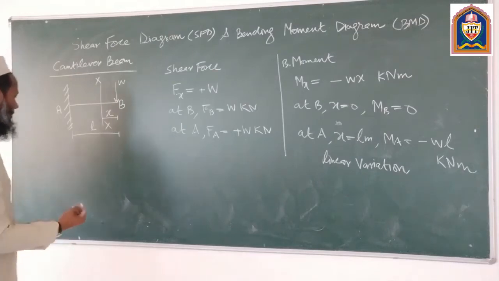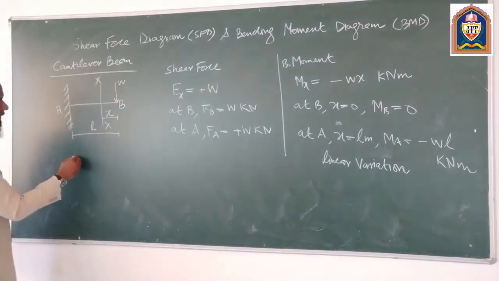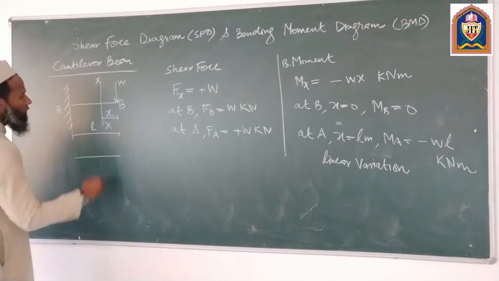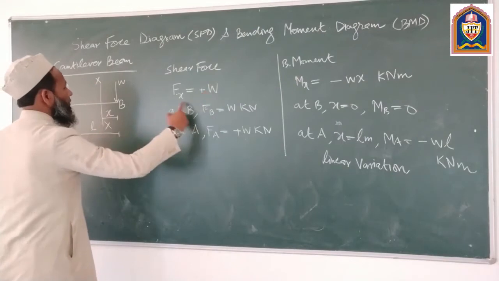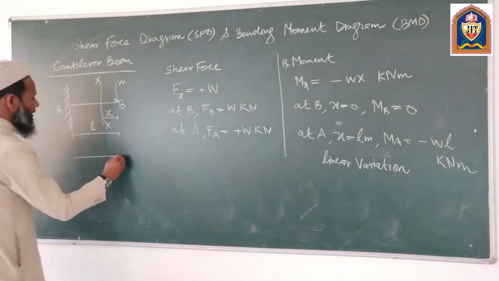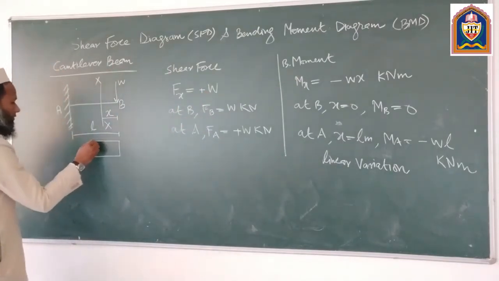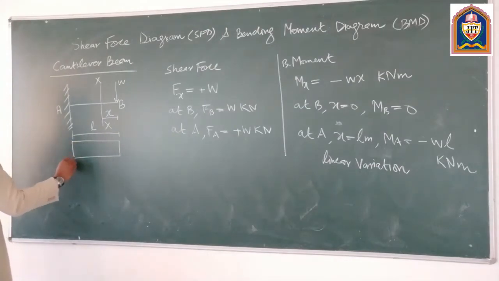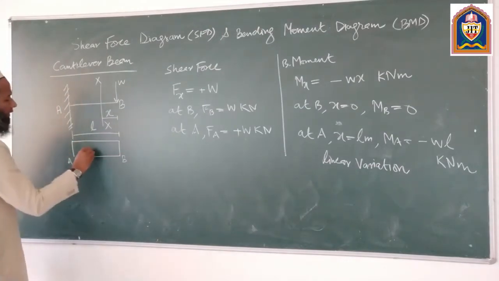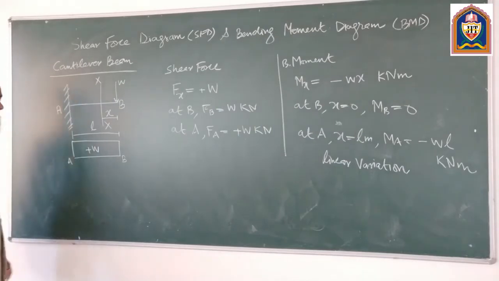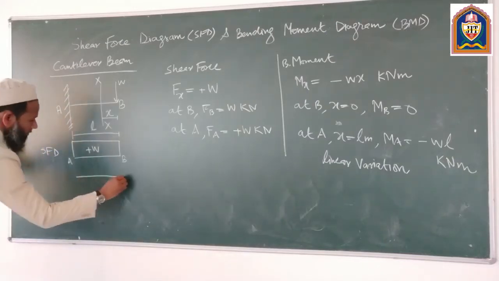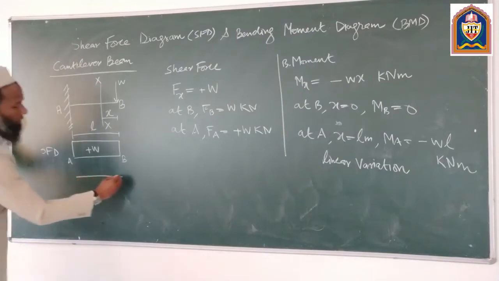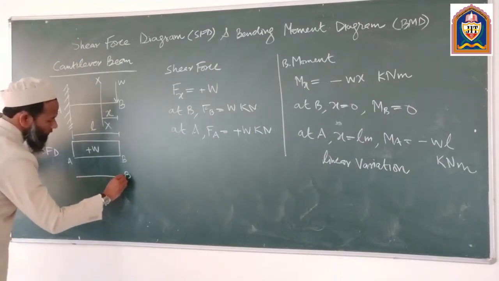Now we will draw its shear force diagram and bending moment diagram. So positive W from point B to point A. So this is positive from B to point A. This point is A. This point is B, and this is positive W. So this is the SFD, and in the bending moment diagram at point B, its value is 0.